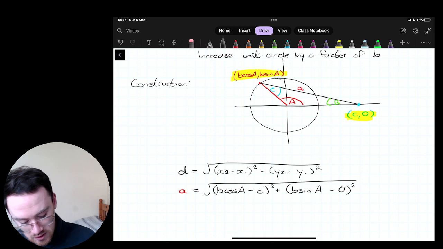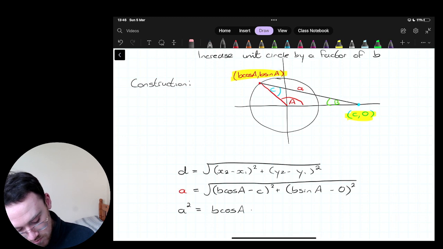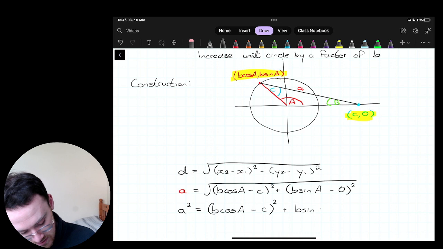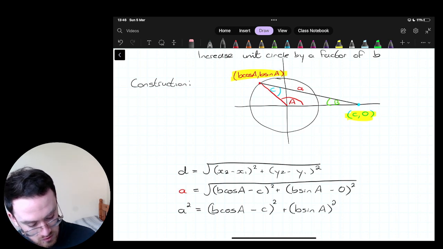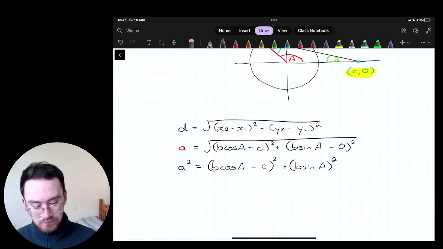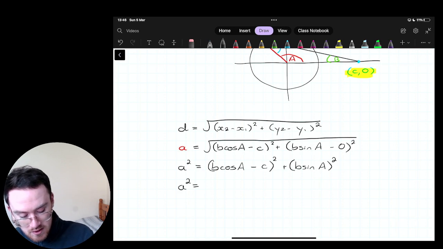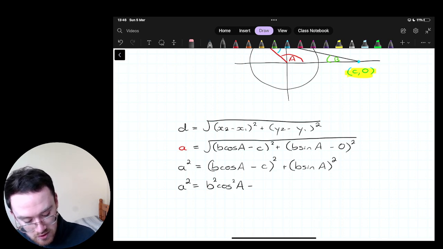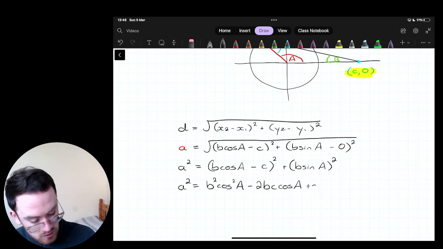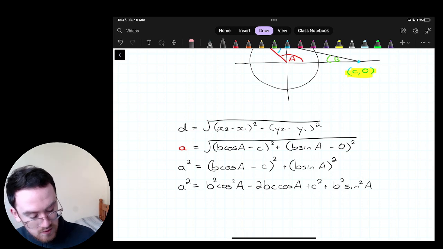Continuing on, I can square both sides to get a squared equals (b cos A minus c) squared plus (b sin A) squared. I will square out those brackets, so I get b squared cos squared A minus 2bc cos A plus c squared plus b squared sin squared A.